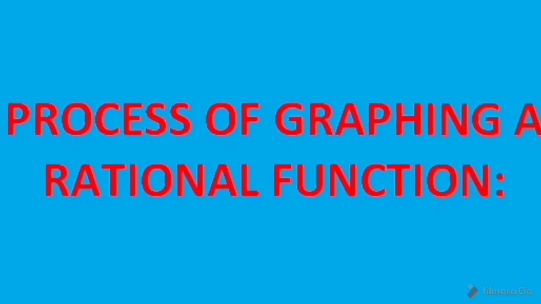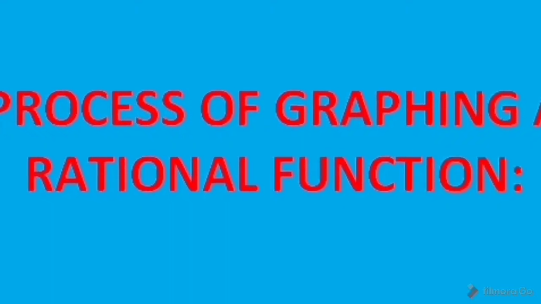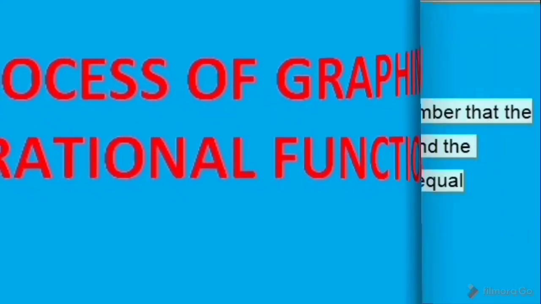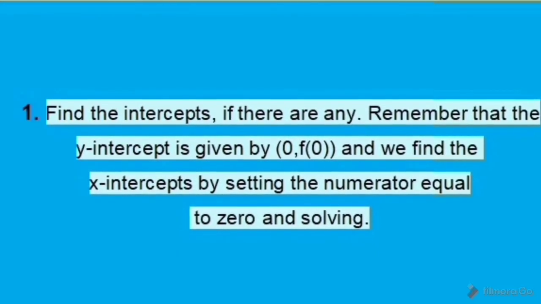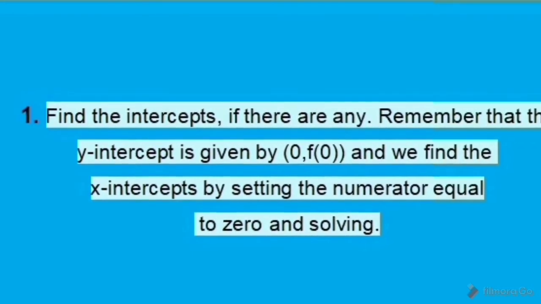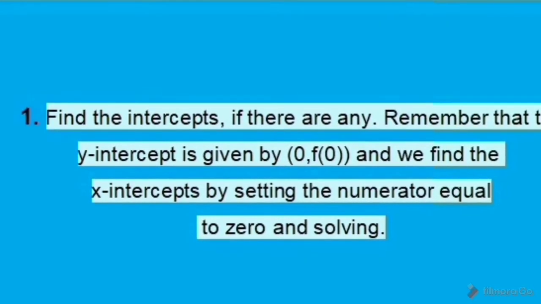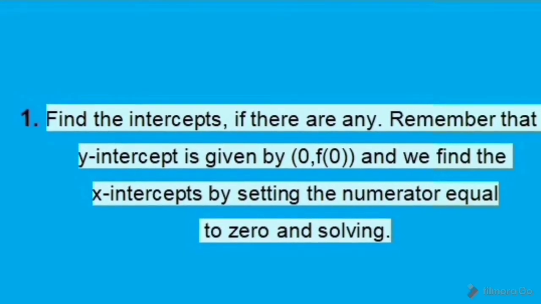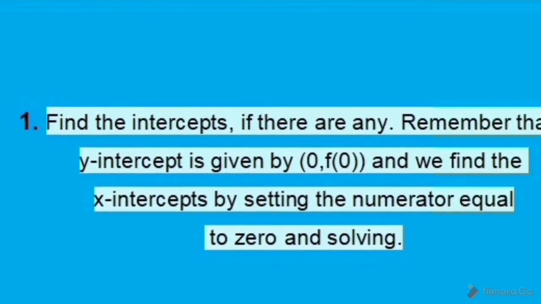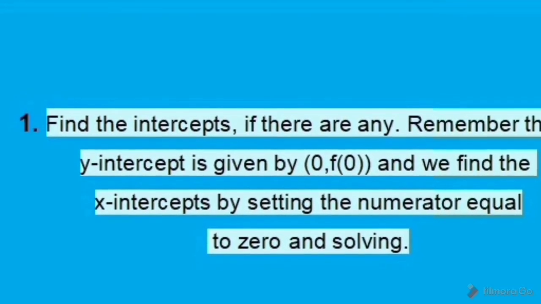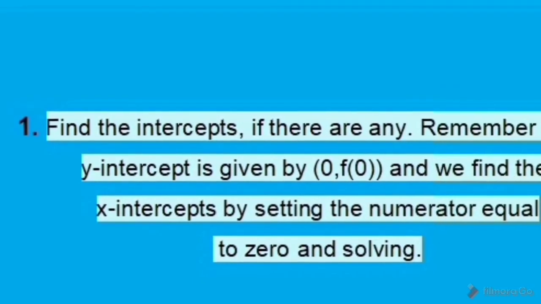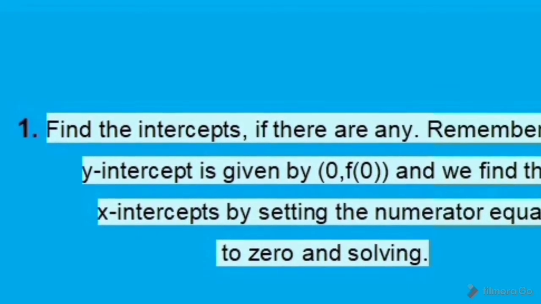Process of graphing a rational function. Number 1. Find the intercepts, if there are any. Remember that the y-intercept is given by x is equal to 0, finding f of 0.